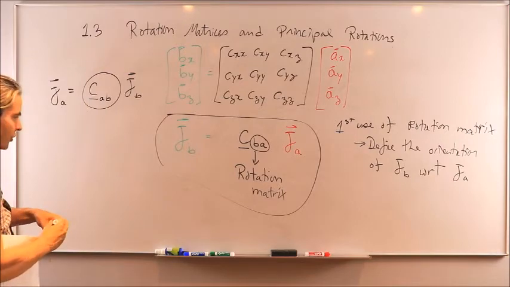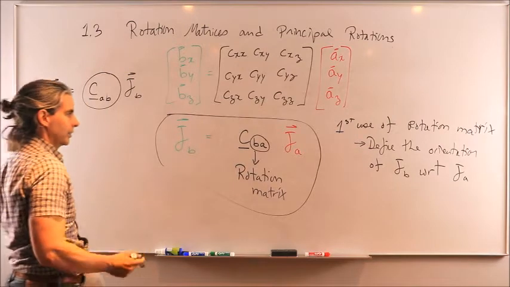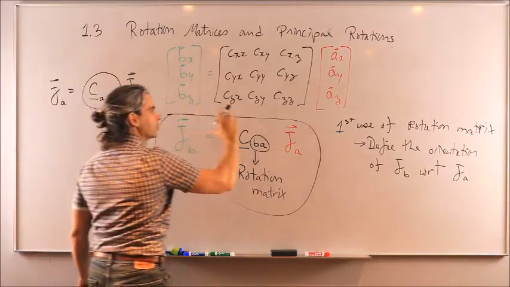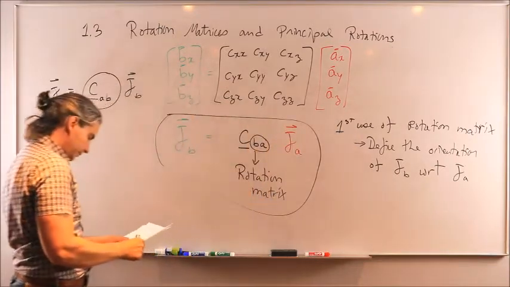So that is the first use of a rotation matrix: to define the orientation of one reference frame with respect to another one.